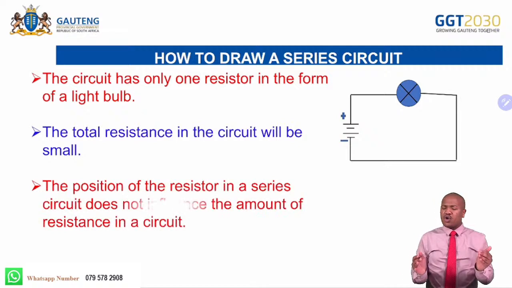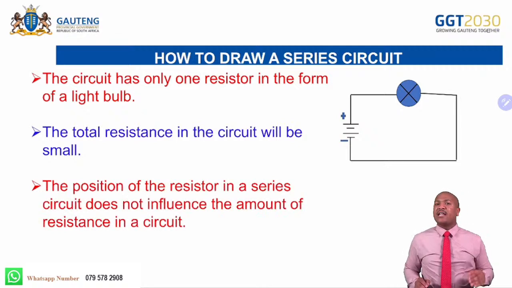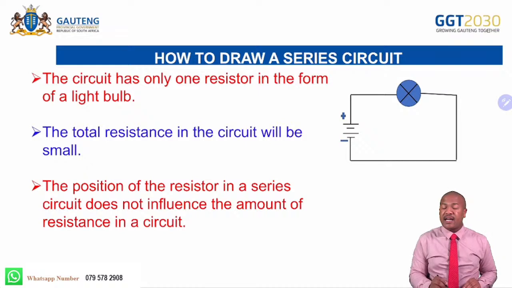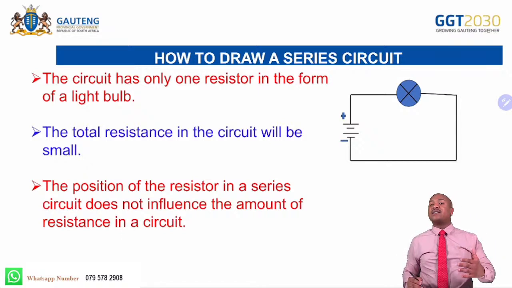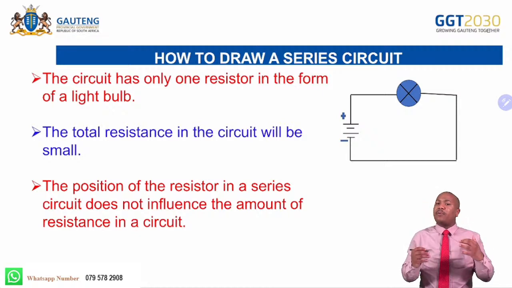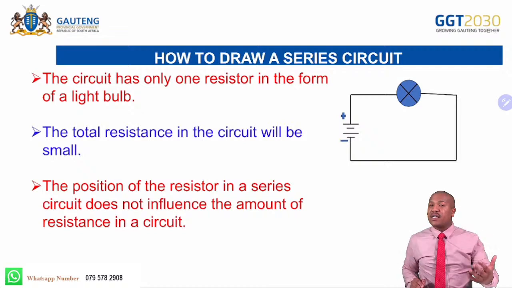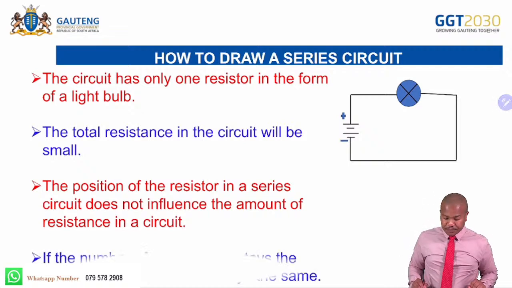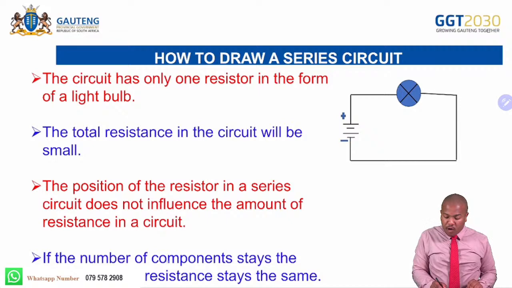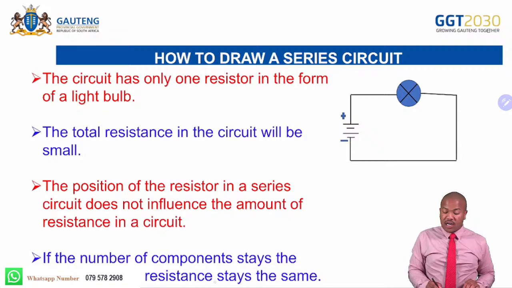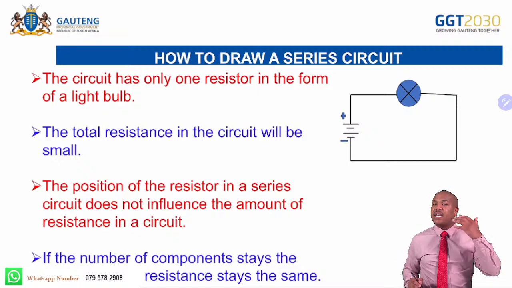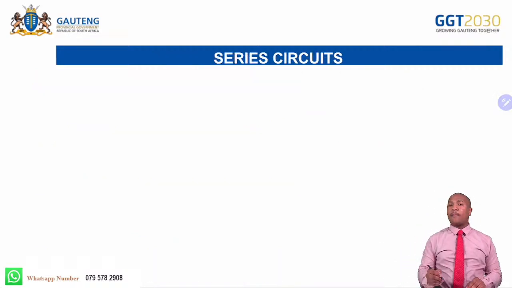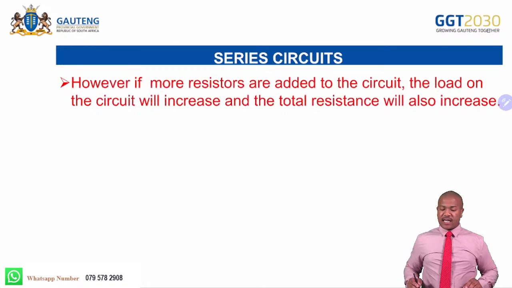Also, the position of the resistor in a series circuit does not influence the amount of resistance in the circuit. It can be placed anywhere and it won't affect the amount of resistance. And if the number of components stays the same, the total resistance also stays the same in a series circuit.